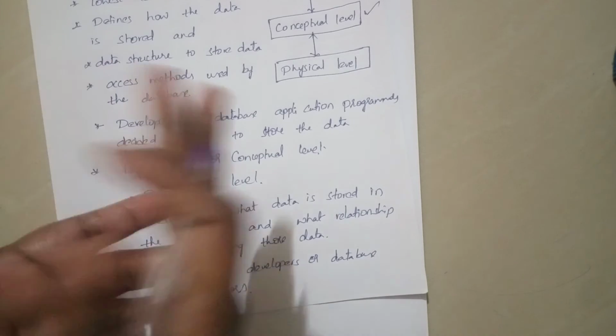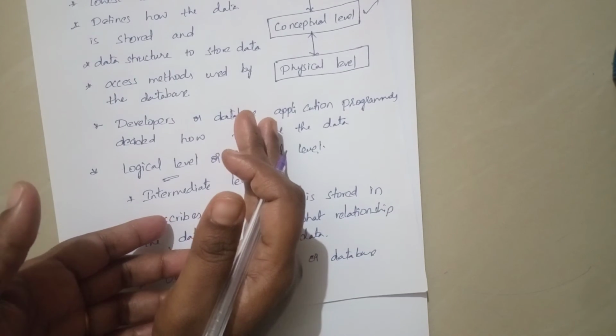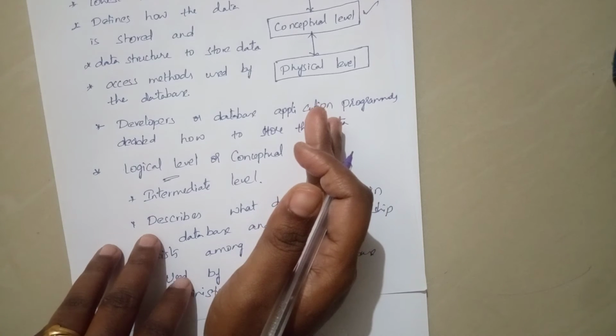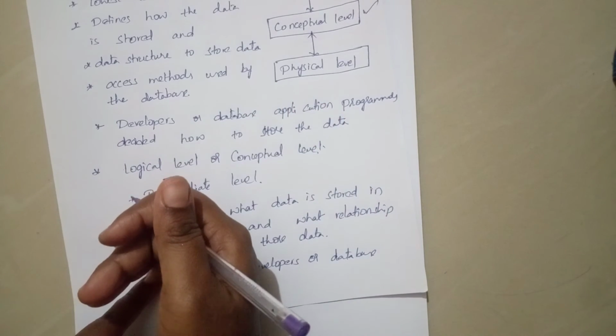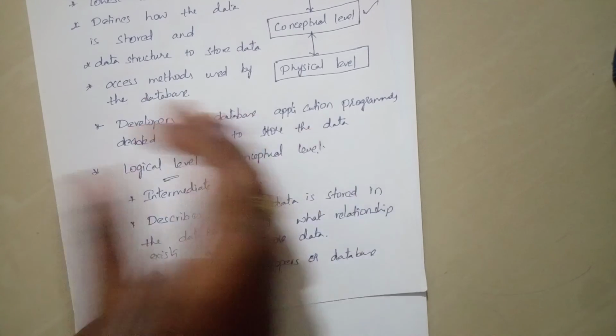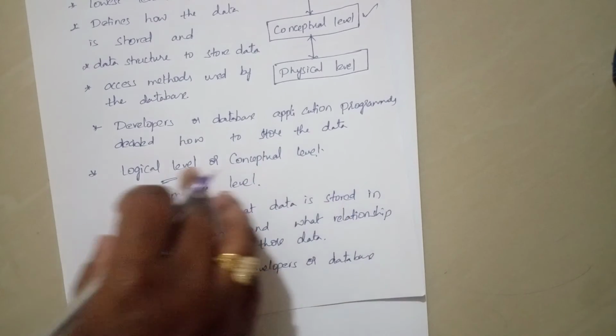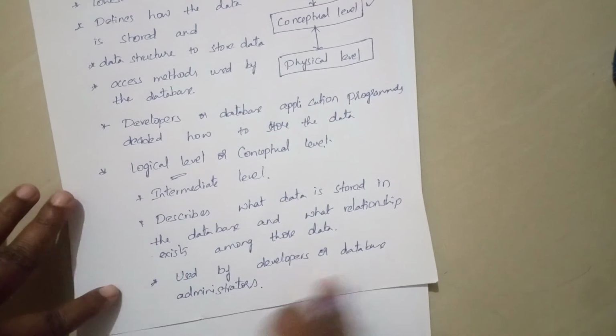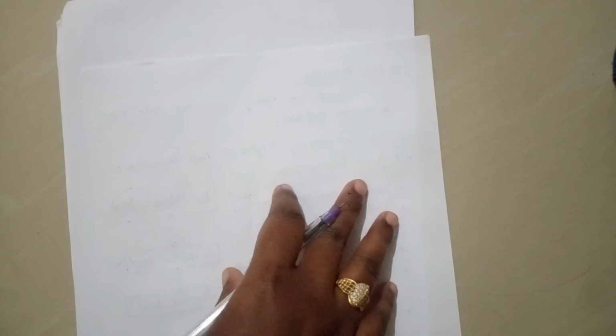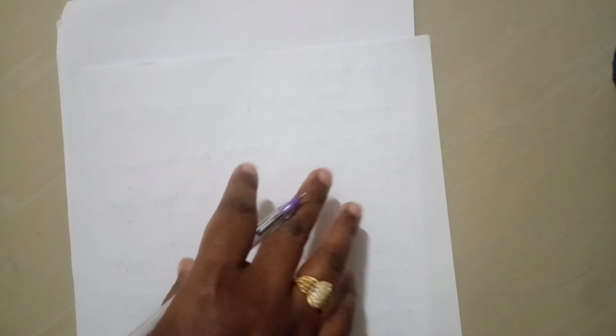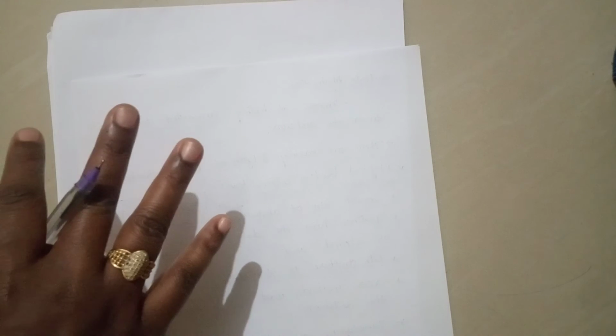It deals with the tables, what tables are created, and the links among those tables. So overall it describes the whole data.